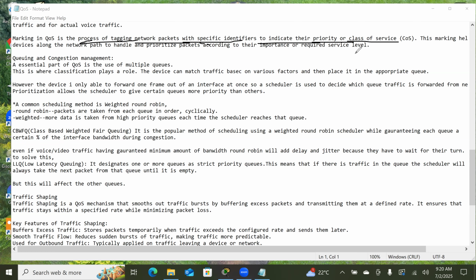Whenever it traverses different devices, they have to understand, yes, this is very important data, and I have to hold the other data and send this first. With the help of marking, it does that. So marking helps the devices along the network path handle the prioritized packets according to their importance or required service level.